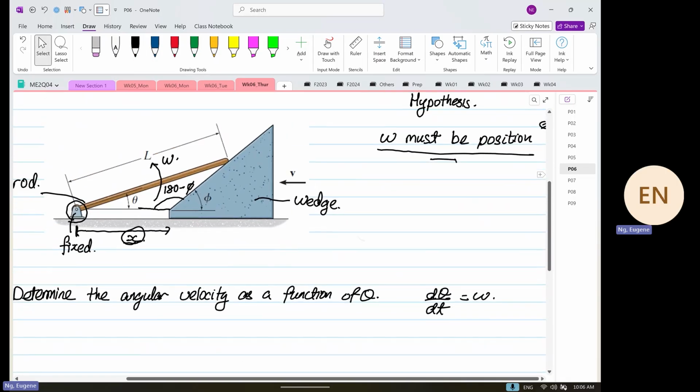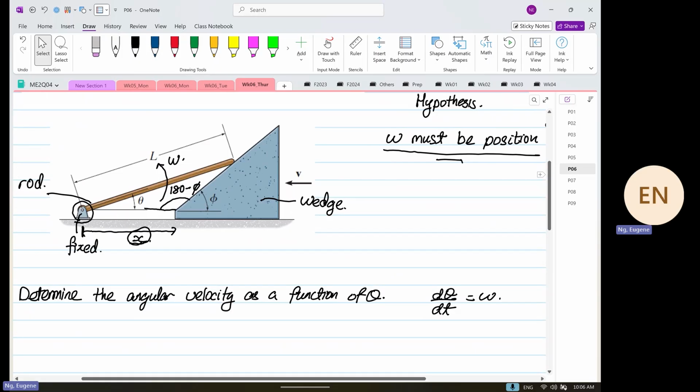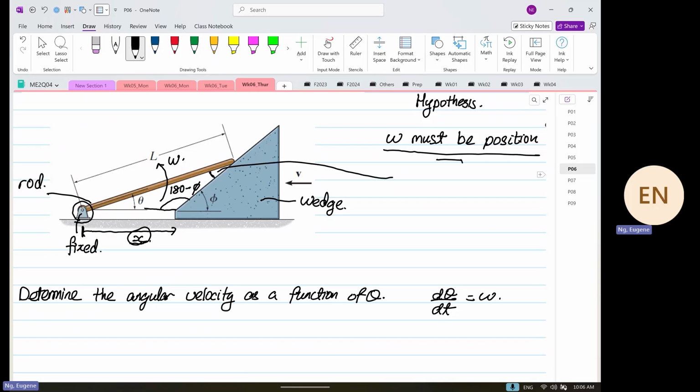Then we are also aware that this other angle, plus 180 minus phi, plus theta, plus this angle, which I'm going to call alpha, is equal to 180.